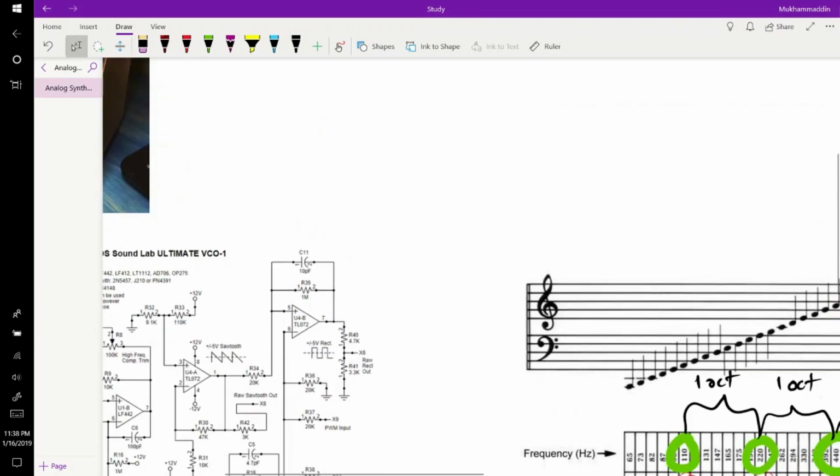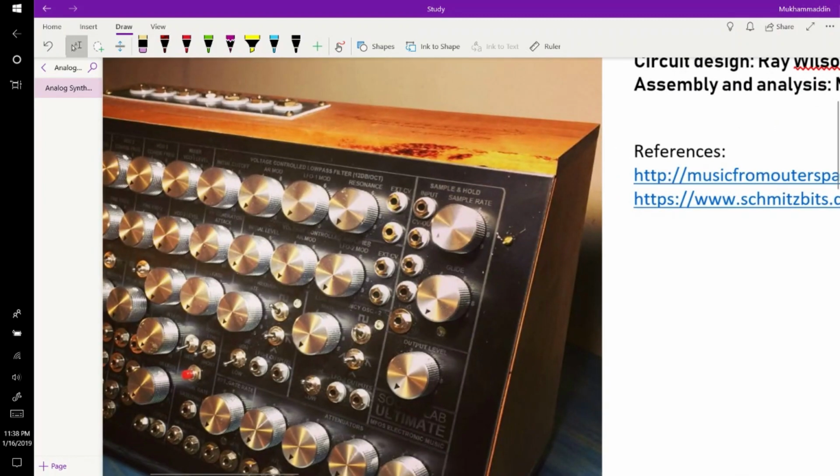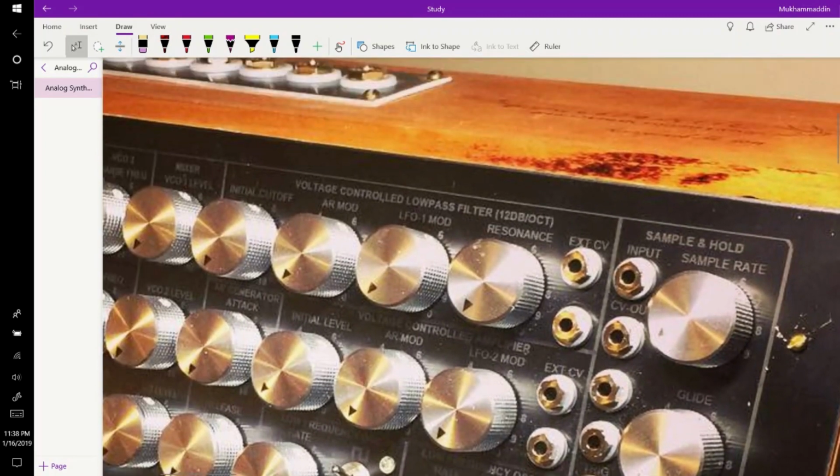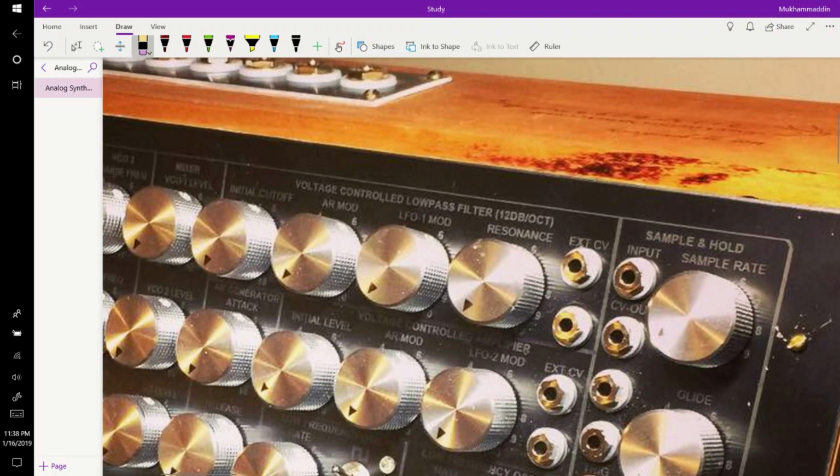Also, hold that thought and look at the analog synthesizer itself, and let's look at the knobs. If you look at the knobs, they're actually linear. So this one here is, let me take a brighter color. This one, something smaller. This one here is 1, 2, 3, 4, 5, 6, 7, 8, 9, 10, and so on.